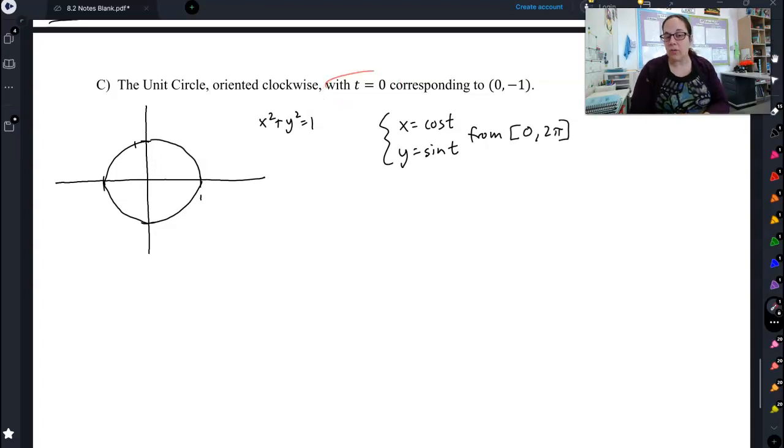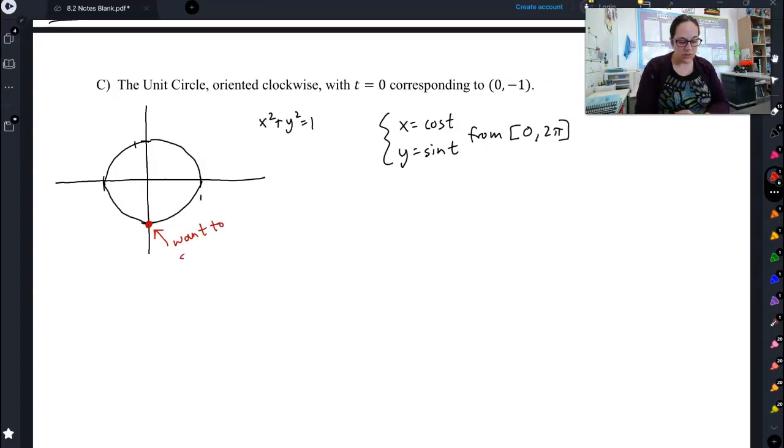And I want t equals 0, my first time, to correspond to (0, -1). Because normally 0 to pi starts right here and then goes around. That's our unit circle. But I actually want my starting point to be here.